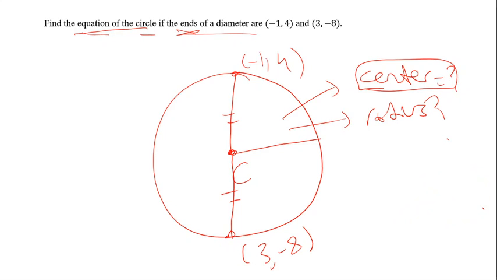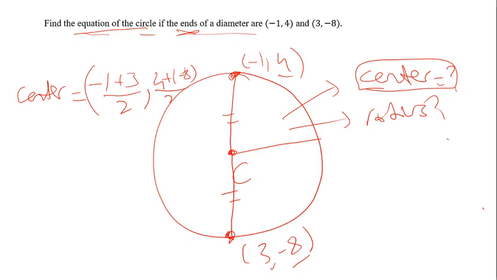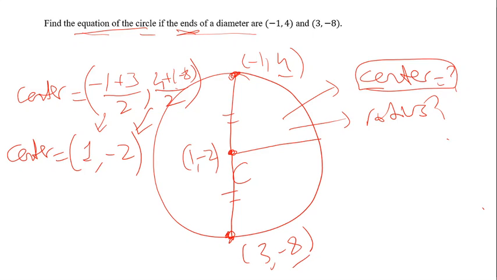The center will be the midpoint of these 2 points. So minus 1 plus 3 over 2, and 4 plus minus 8 over 2. So the center turns out to be 1, and here it will be minus 2. We can calculate and see. And now I know 1 and minus 2.